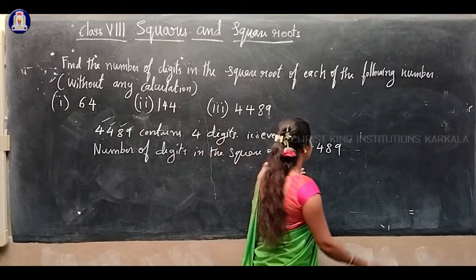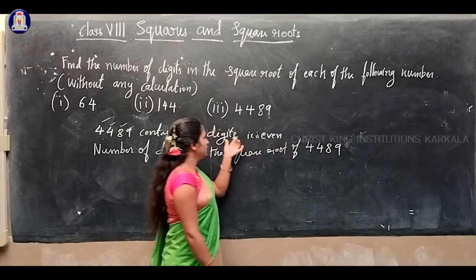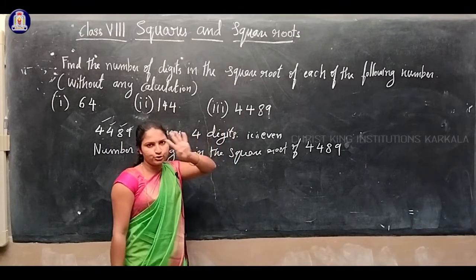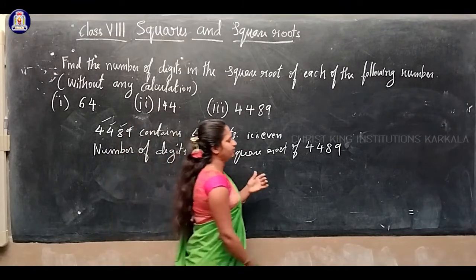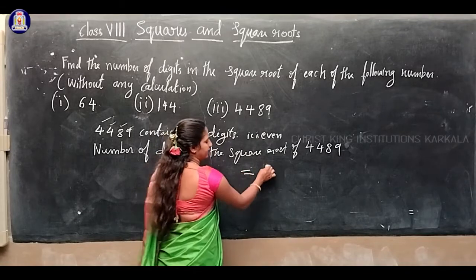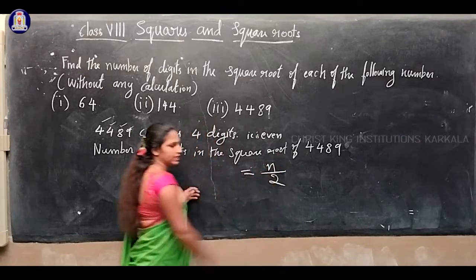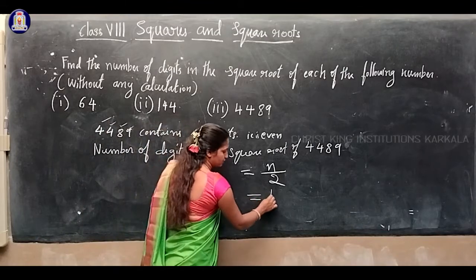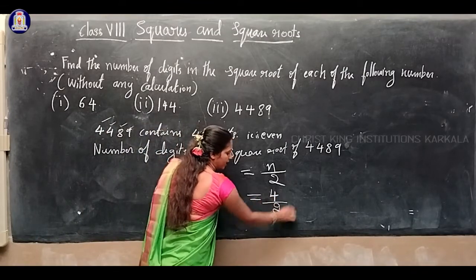So how to find it? First you have to see whether the number of digits is even or odd. The number of digits is 4, so that is even. If you get even, you use n by 2. So the number of digits is 4, so 4 by 2.